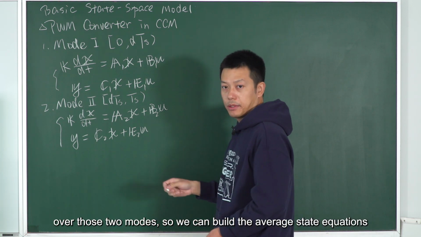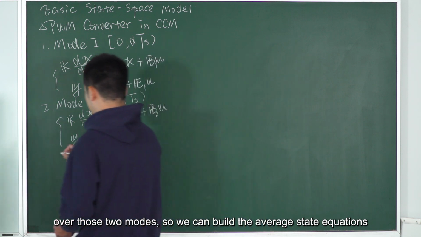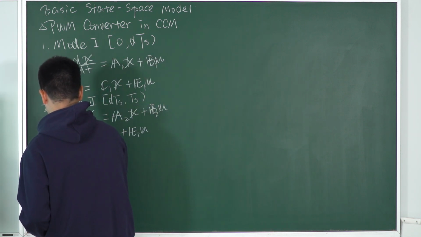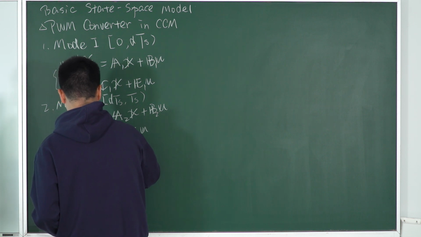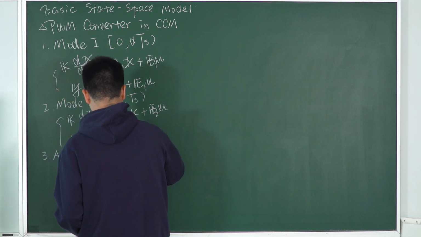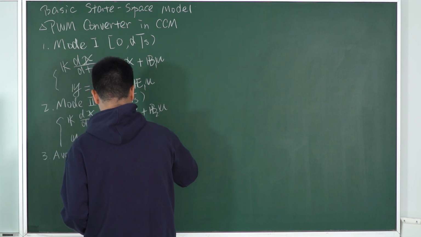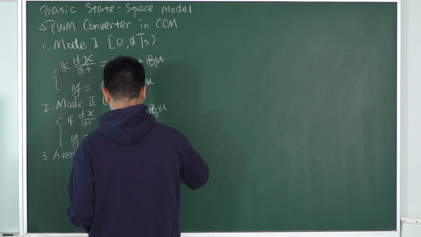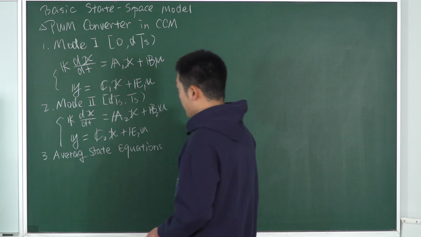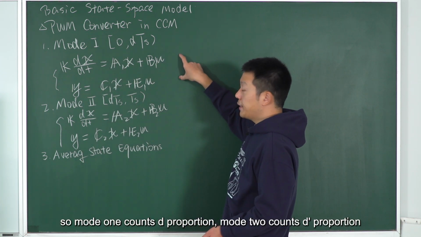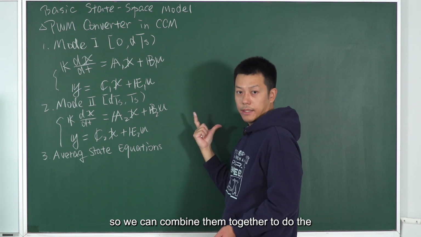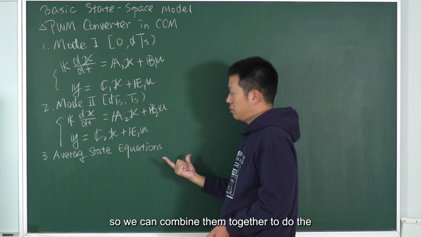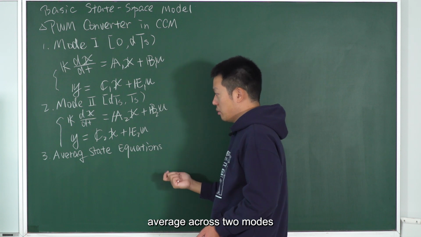So we can build the averaged state equations. Mode 1 counts D proportion, mode 2 counts D prime proportion, so we can combine them together to do the average across two modes.